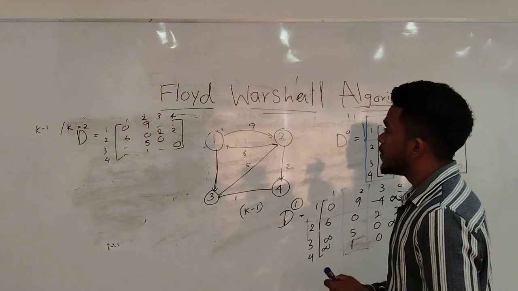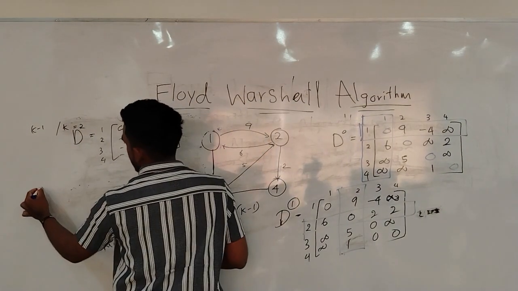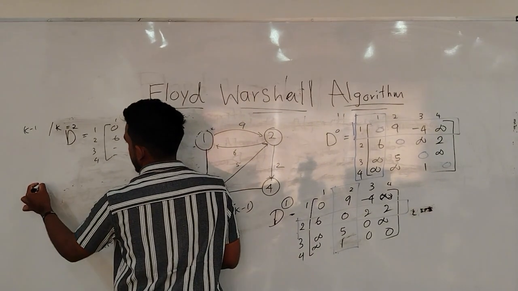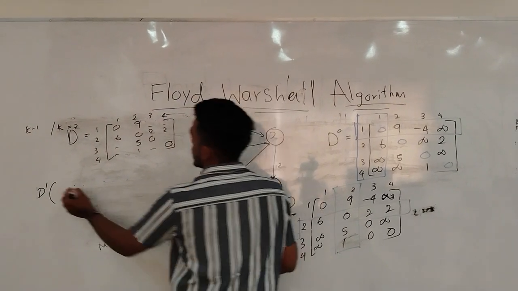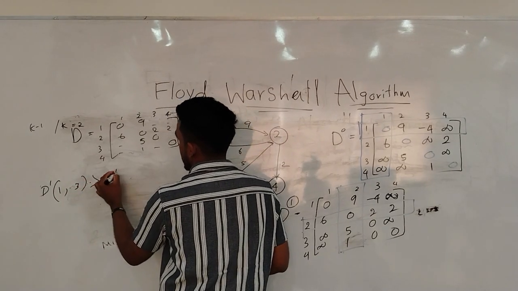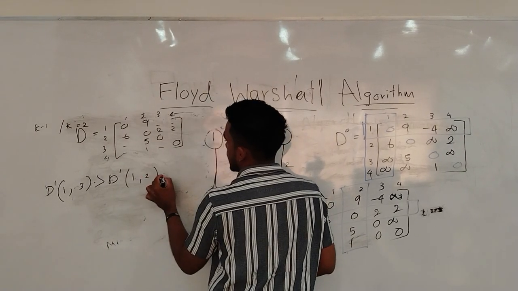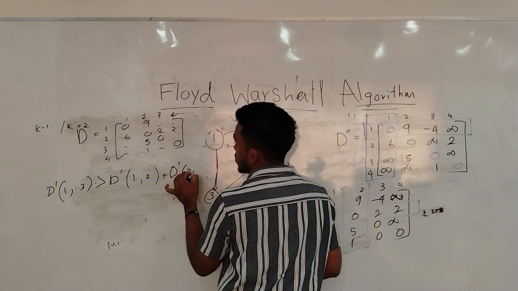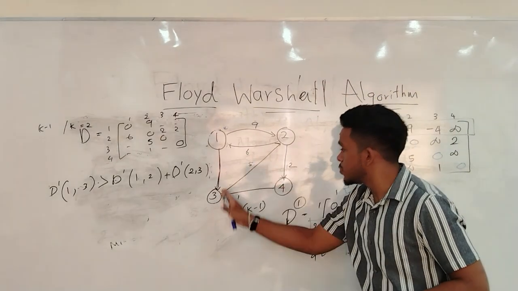Now we need to find the path for this. That means our base class is D1. From D1, d1 1 to 3 is compared with d1 1 to 2 plus d1 2 to 3. So we want to go from 1 to 3.